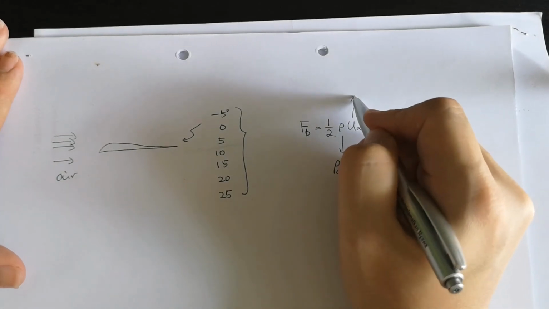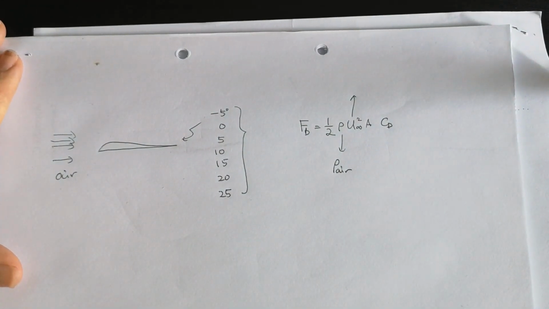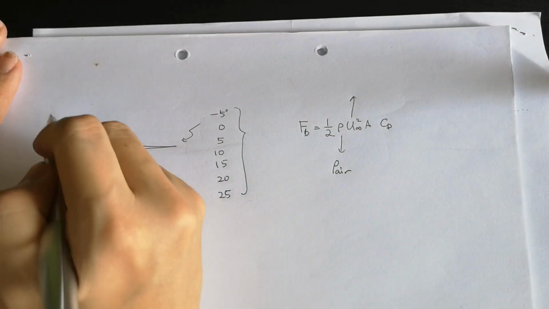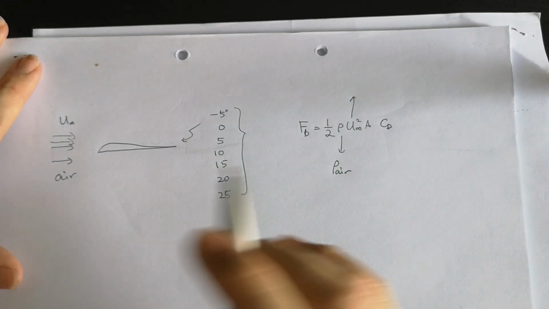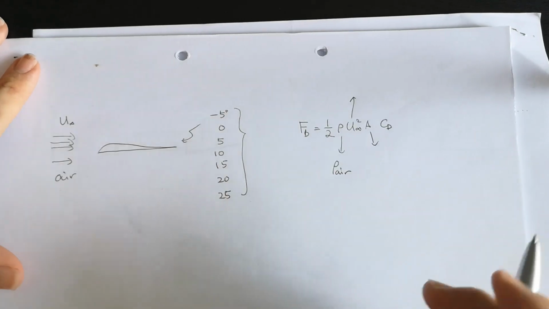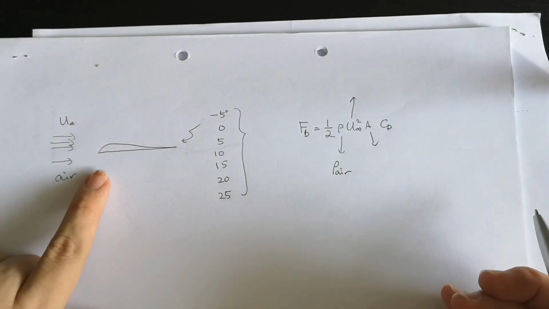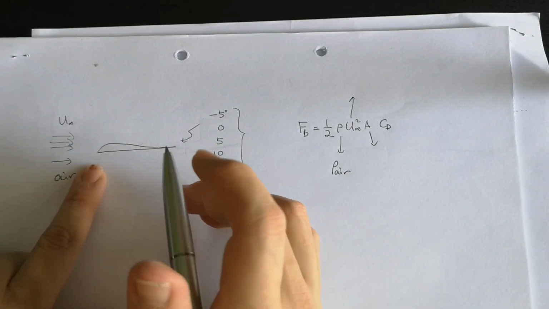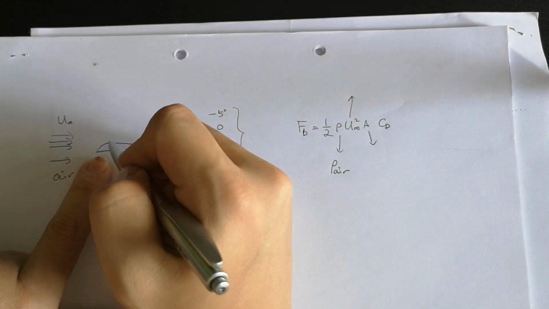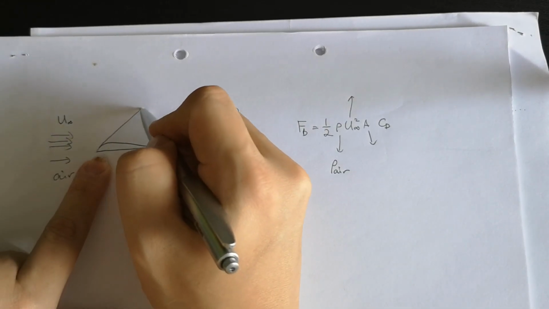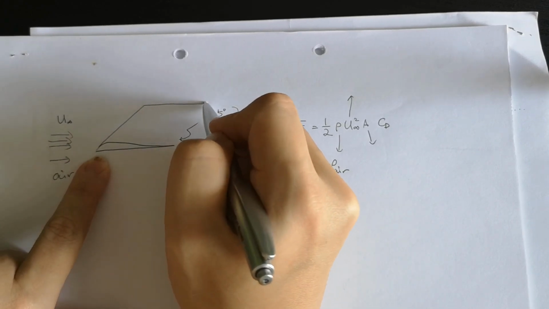How about your free stream velocity? Free stream velocity simply refers to the velocity passing through the object. And what is the area? For area, since we assume the object to be thin and the dominant drag force comes from the skin, we will take the shear area. What is shear area?